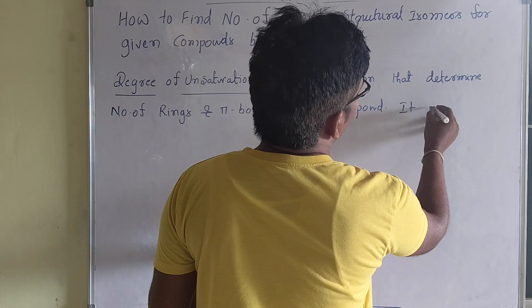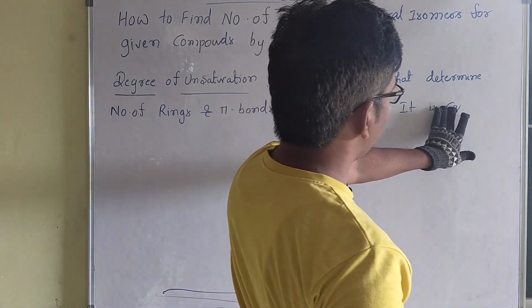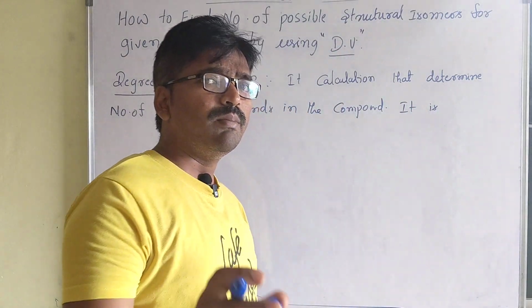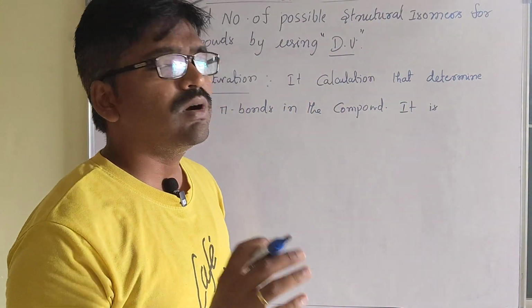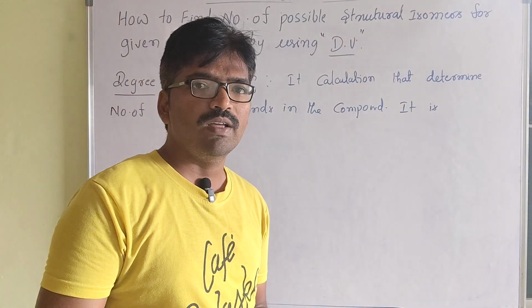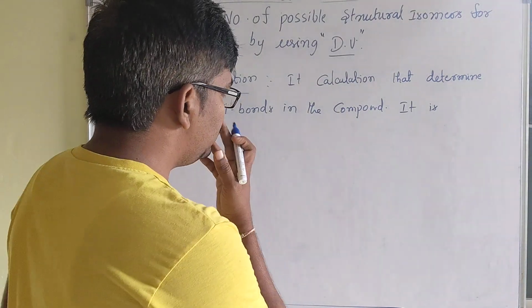It is a calculation for determining how many pi bonds and how many rings are there in the compound. So that is what we are calling the degree of unsaturation.